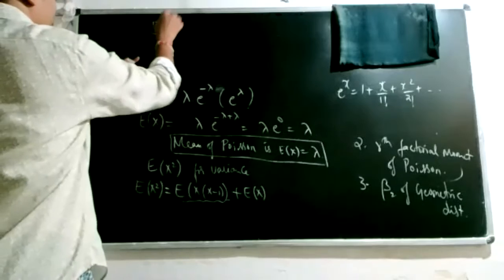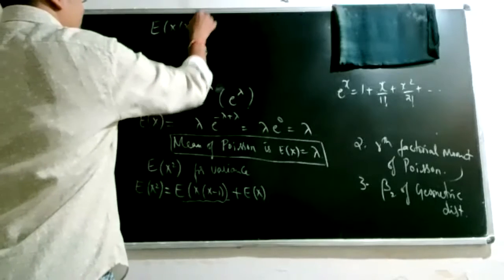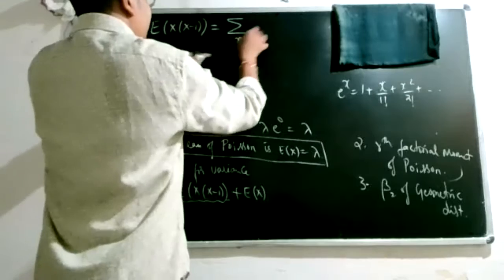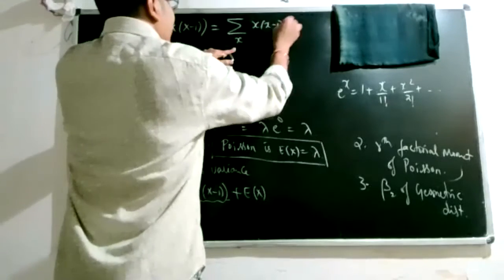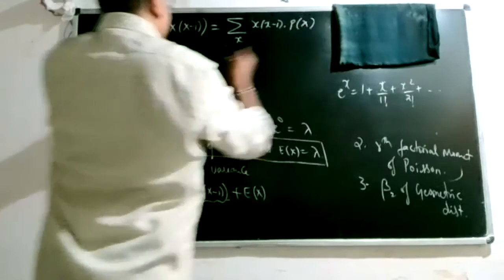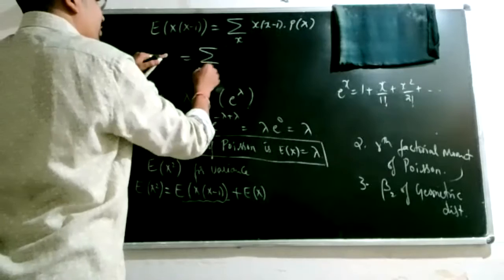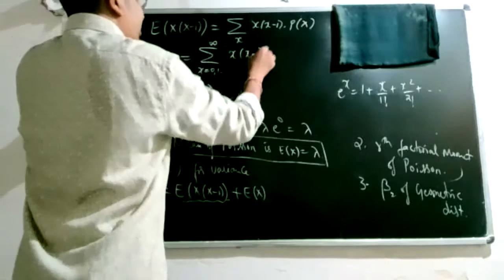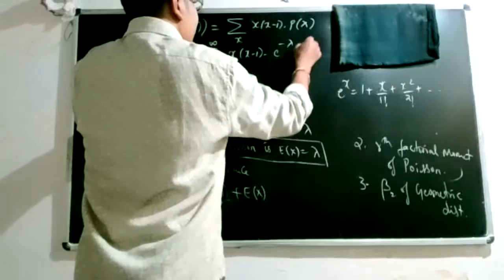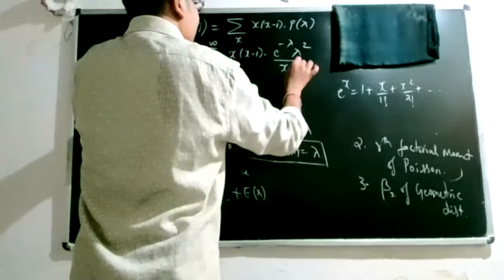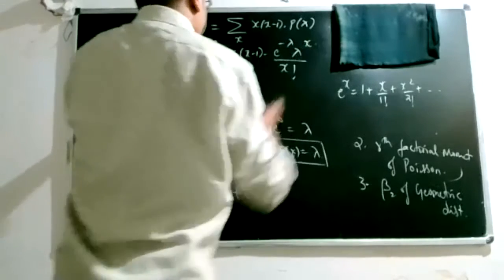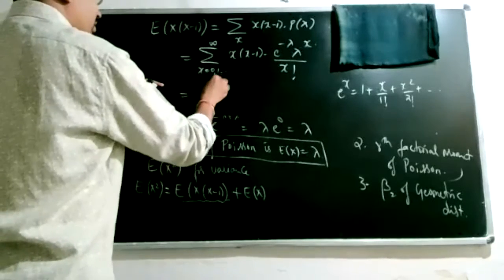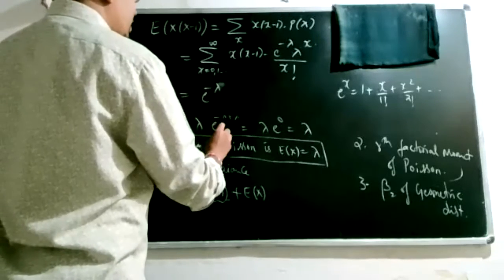Consider E of x into (x minus 1). By the definition, that will be the summation over x into (x minus 1) into the PMF. For Poisson, x equals 0, 1 to infinity, x into (x minus 1) into e power minus lambda, lambda power x by x factorial. Now take this e power minus lambda outside because it is independent of x.